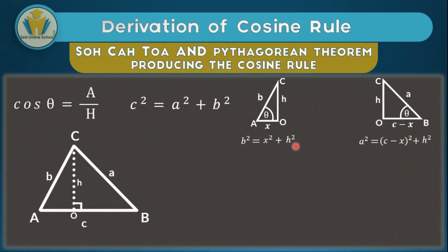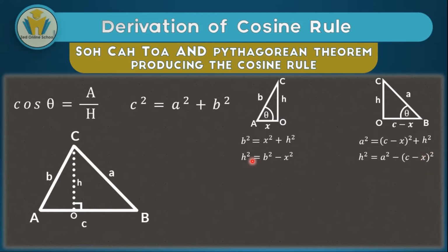If we make h squared the subject of the formula in both these equations, it means h squared will be equal to b squared minus x squared. This x squared taken to the other side will also become a minus, so h squared will be equal to a squared minus the c minus x in brackets squared.